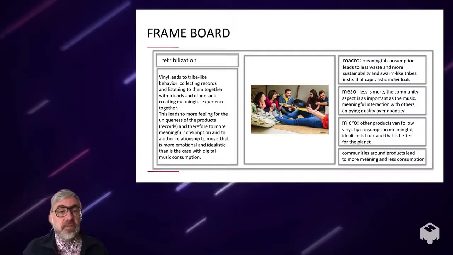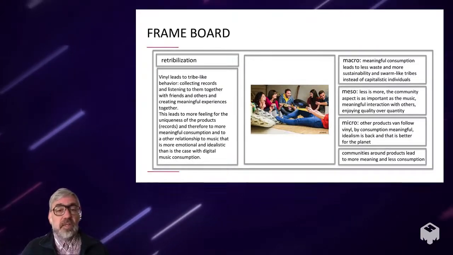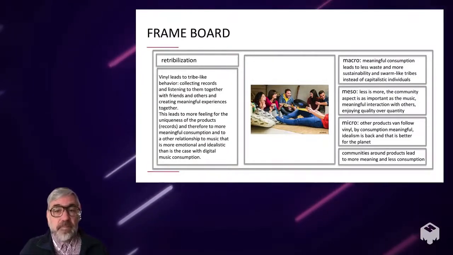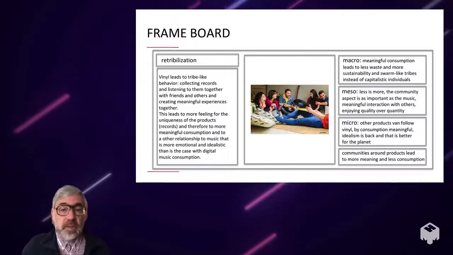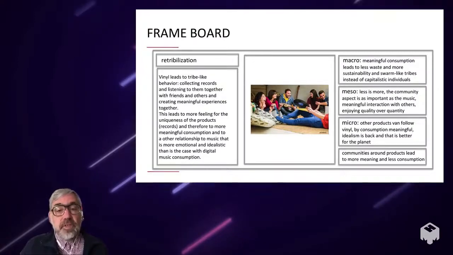And that is something different than before, where music, especially in the 2000s, did not have this kind of community sense. So I've also added the macro, meso, and micro level for this frame. And you can read it here.